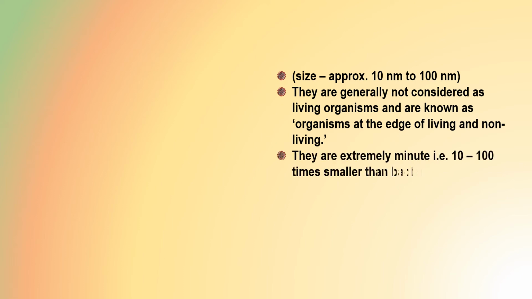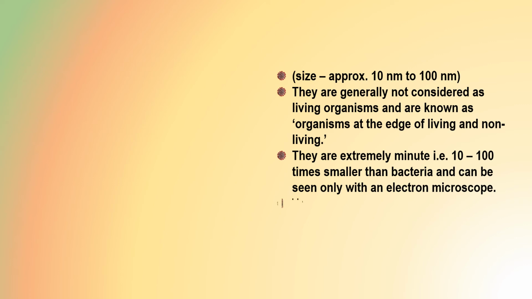They are extremely minute, that is 10 to 100 times smaller than bacteria, and cannot be seen by a normal microscope, that is a compound microscope. You need a very, extremely well developed electron microscope to see them.